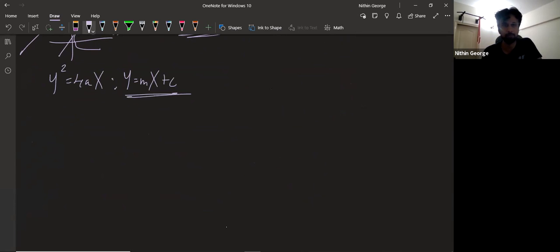This is for the point of contact. To find tangents in different cases, I told you what to do: convert it into the format y square equal to 4ax, and then bring in your y equal to mx plus c in this form only, then compare and use these conditions. Okay, guys?